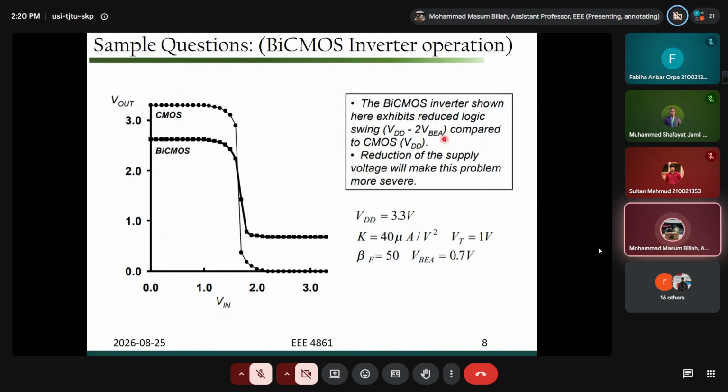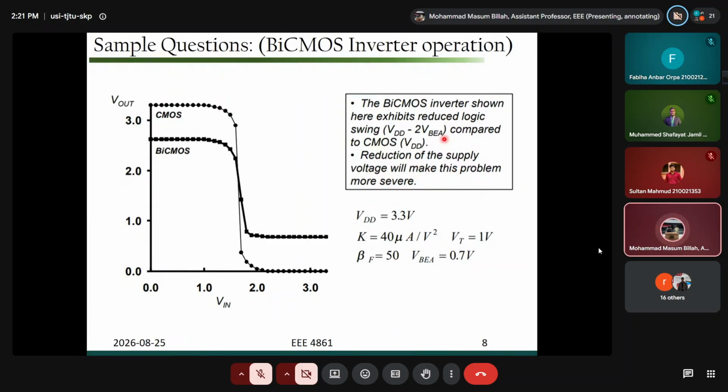In the class I mentioned why, in the BiCMOS VTC curve, at low V input there is a voltage difference in V output. See, the CMOS has higher V output than BiCMOS at low input voltage. At high input voltage as well, the conventional CMOS has almost 0 volt output at higher V input.